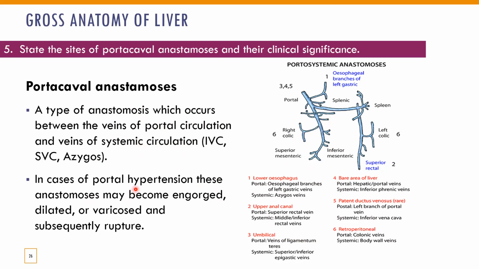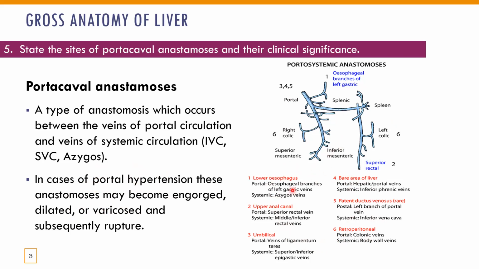In case of portal hypertension, if the patient has some disease involving the liver, the anastomosis may become engorged, dilated, varicose, and subsequently ruptured.